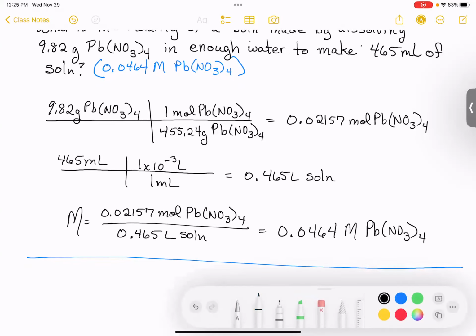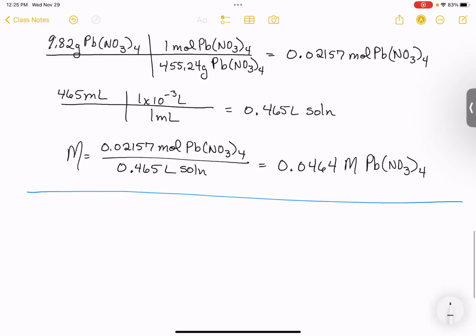So now what we're going to do is we're going to use molarity as a conversion factor.